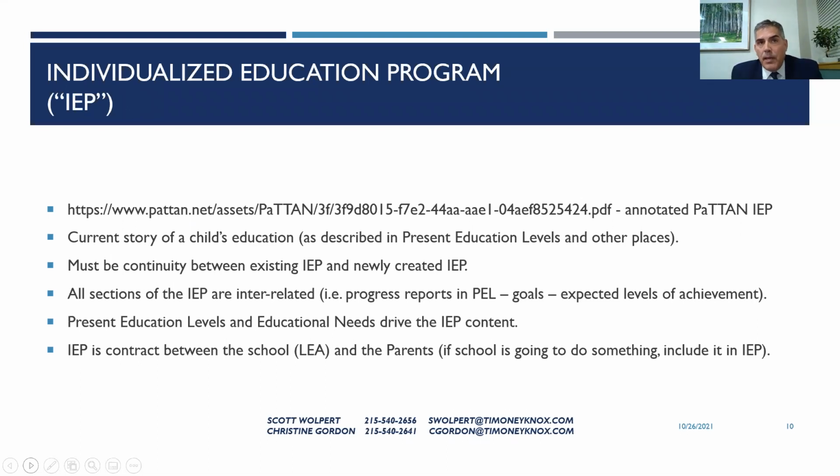The IEP itself, so we're working on a current IEP, you're at a meeting, all of the sections of the IEP are interrelated. So think about that. Progress reporting in your present ed levels. And then how does that translate to, did your child master this goal? Maybe the goal is no longer needed. Did your child achieve the expected level of achievement so we can keep the goal, but adjust that?